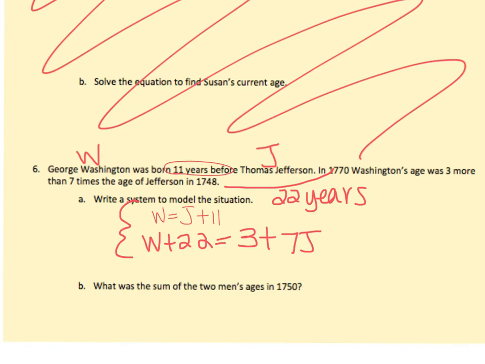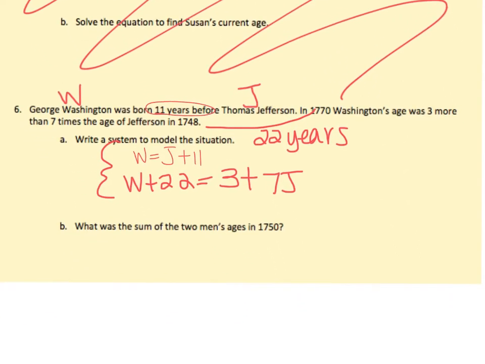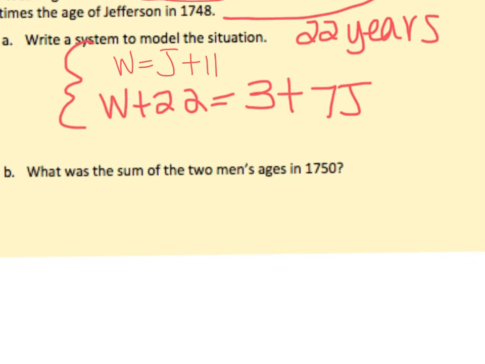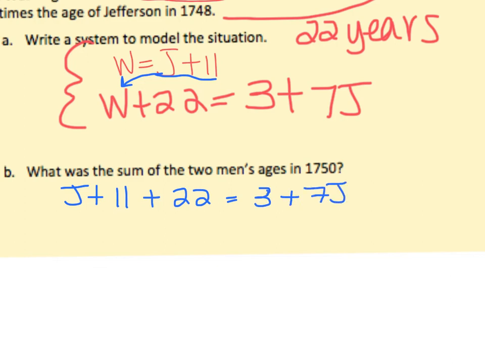we're going to go ahead and solve for W and J, because part B then asks what's the sum of the men's two ages. I think this lends itself really nicely to solving by substitution. So I'm going to take J plus 11 and substitute it in for W here. So I'll get, let's see, 33.